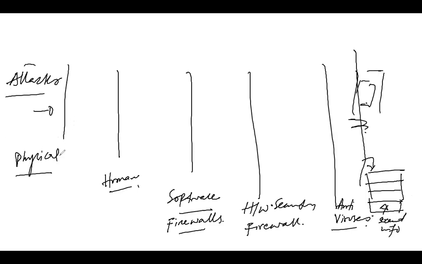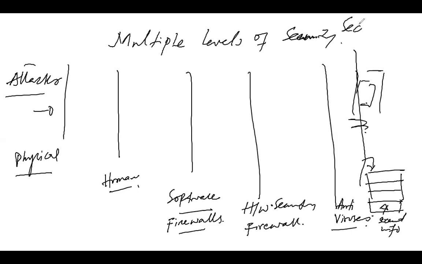The attacker will first breach the physical, then the human, then the software firewall, then the hardware firewall, then the antiviruses, and these are actually the multiple levels of security.